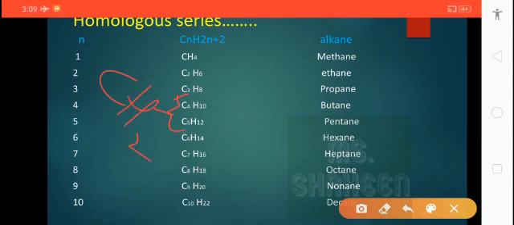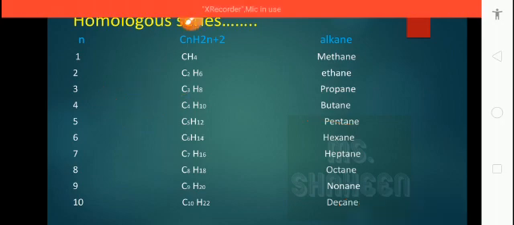For example, the butane formula is C4H10. By the addition of CH2, the next member, pentane, has the formula C5H12. In this way we can write the homologous series of alkene and also alkyne.